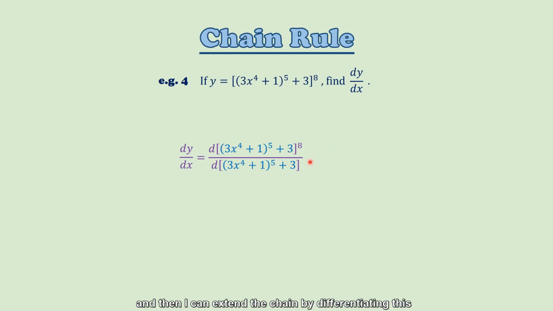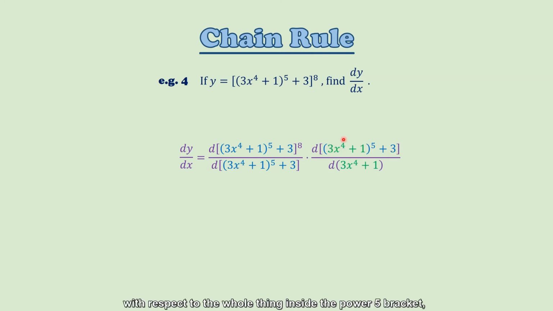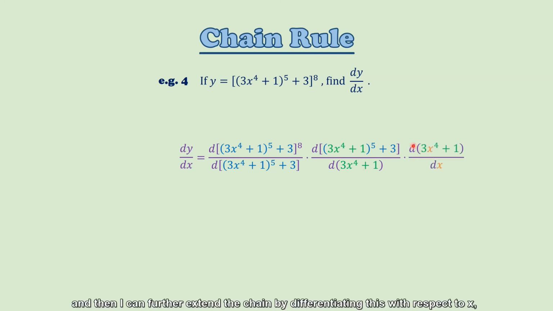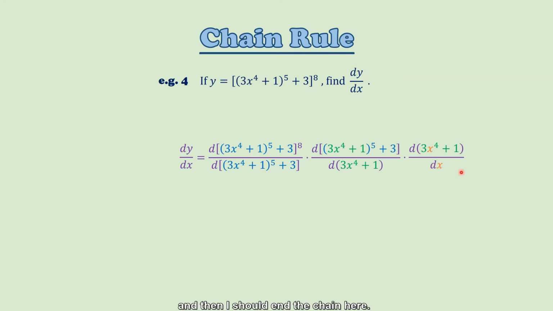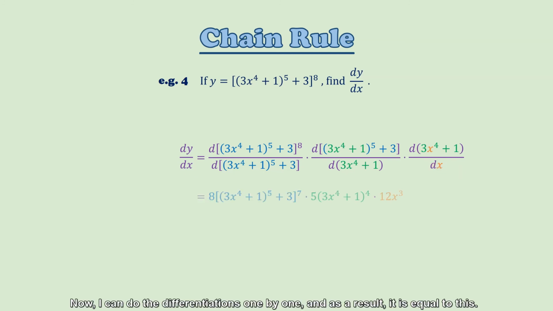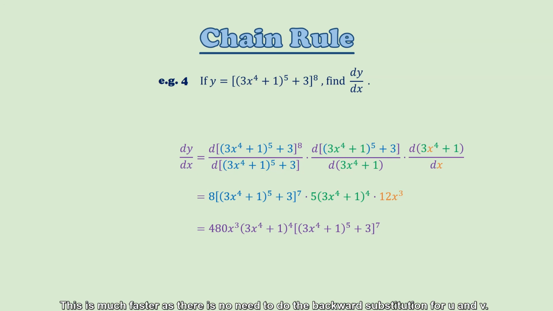And then I can extend the chain by differentiating this with respect to the whole thing inside the power 5 bracket. And then I can further extend the chain by differentiating this with respect to x. And then I should end the chain here. Now I can do the differentiations one by one, and as a result it is equal to this. This is much faster as there is no need to do the backward substitution for u and v.